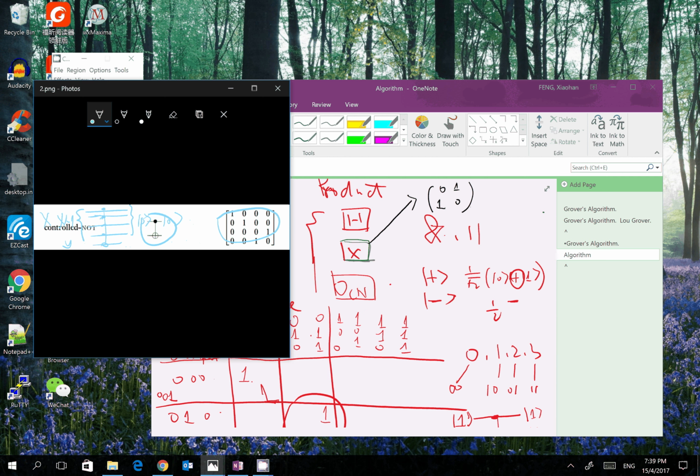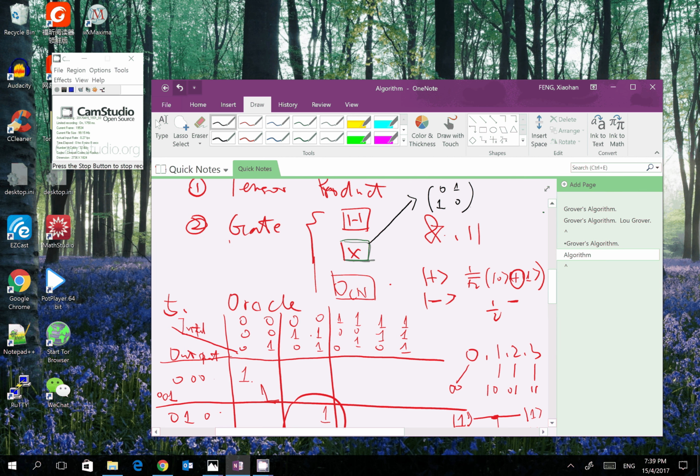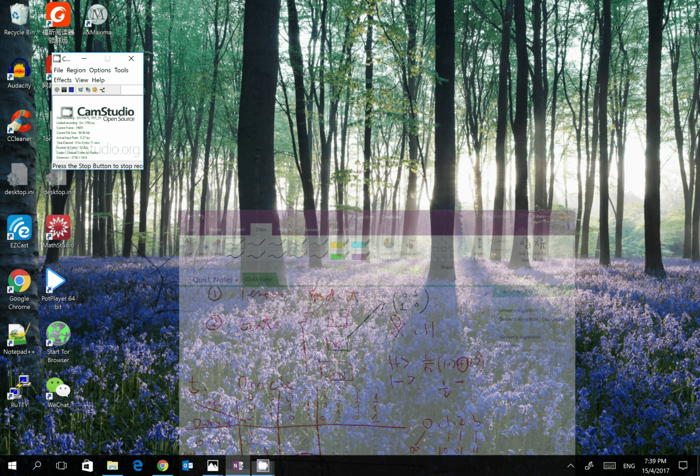And just like the other 2 gates, you multiply the control NOT gate to the right of the input, and you will get the output state. And the representation of the control NOT gate is also unitary.